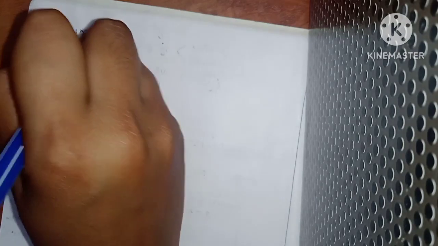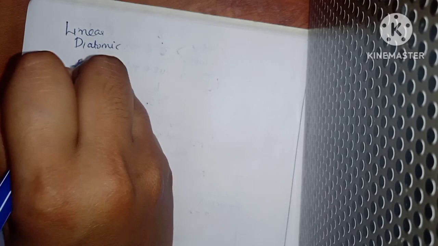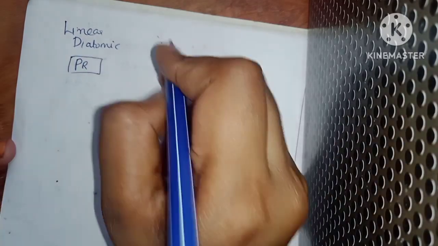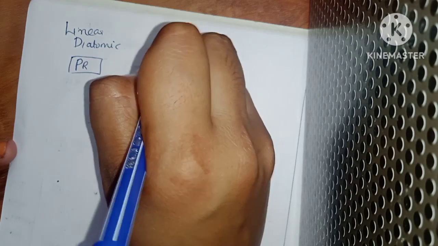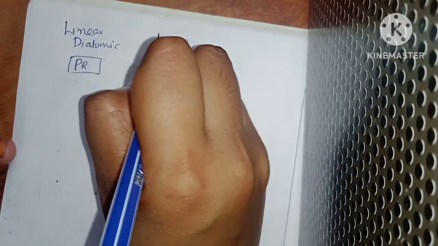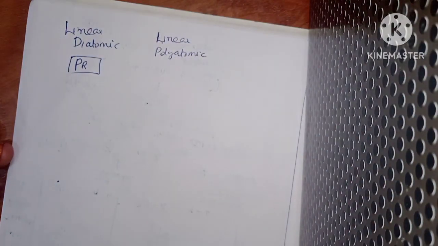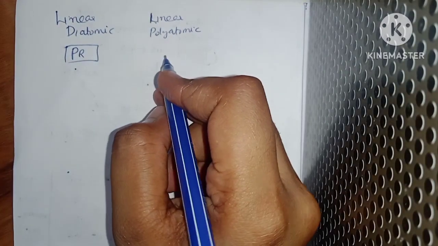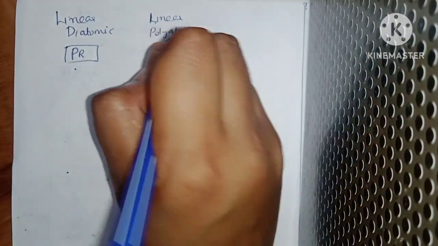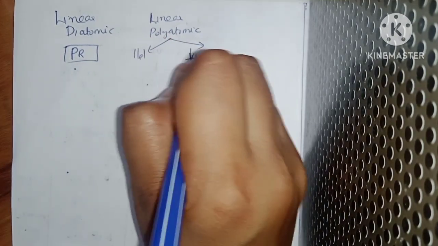So in conclusion, linear diatomic molecule will give PR branch, and linear polyatomic molecule will give PR or PQR depending on whether the vibration is parallel or perpendicular.